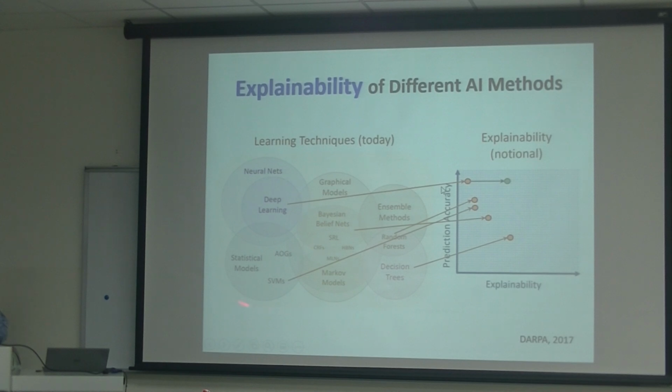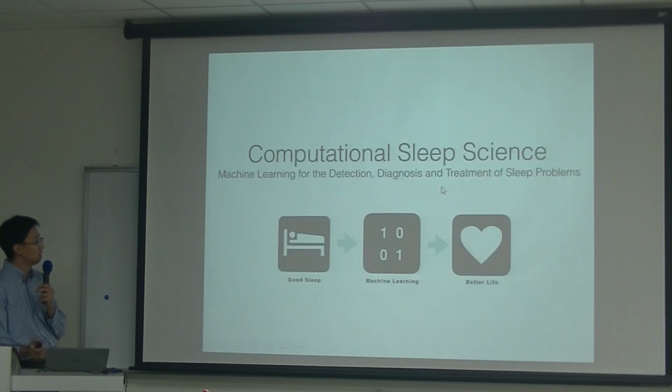So for statistical models, usually the explainability is good, but they have relatively poor accuracy compared to deep learning. For deep learning, they have very high accuracy, but usually their explainability is very low. So we really need to develop a method to improve the explainability of deep learning, so we can not only know the answer, but also know why the answer is what it is.